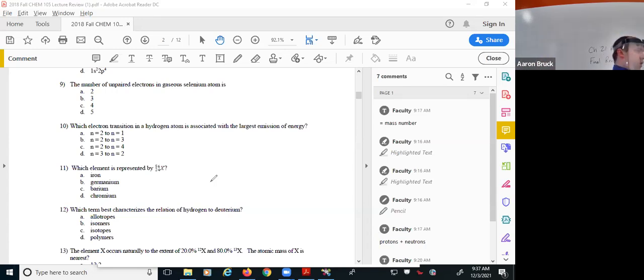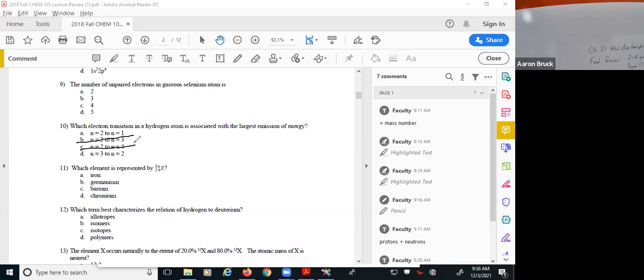Are they going to go from low energy to high, or are they going to go from high to low? High to low. So right away, we can knock out those 2 options. Both of those talk about an electron going from a lower energy level to a higher energy level. And that wouldn't be an emission, that would be an absorption. So right away, by knowing the definition, we've cut it down to a 50-50. It's a coin flip question.